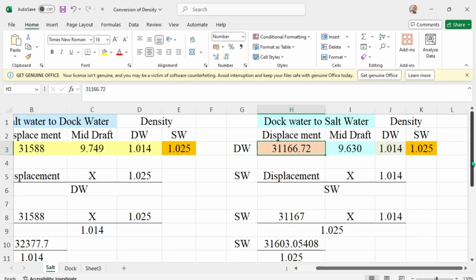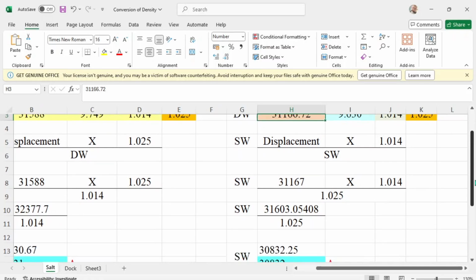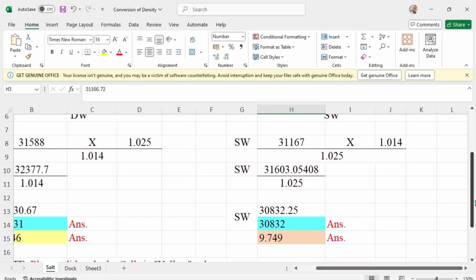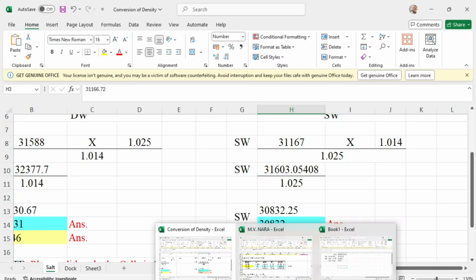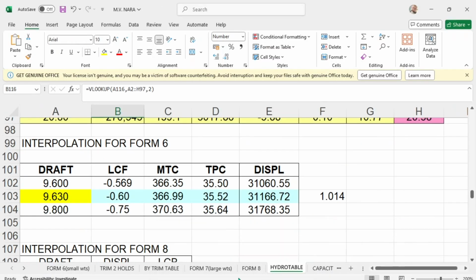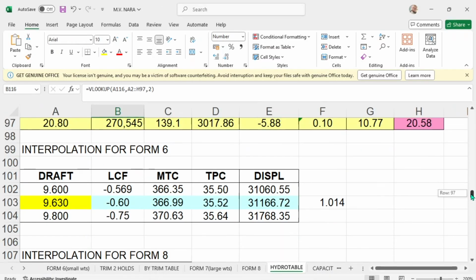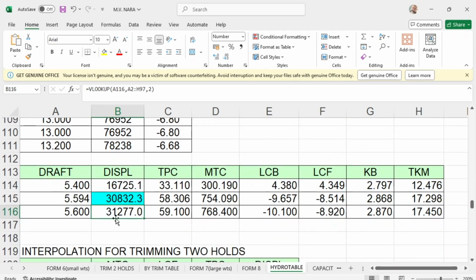311.6672, and your corresponding salt water displacement would be 30832.